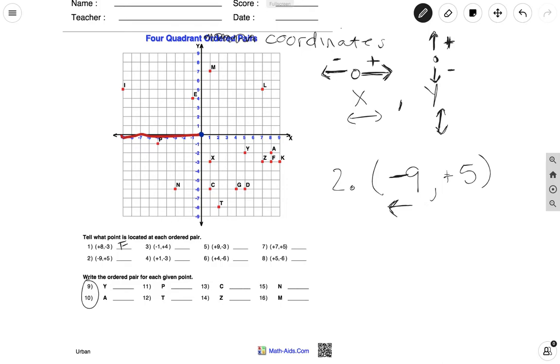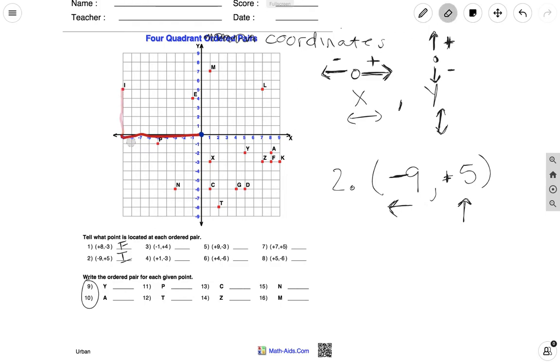So think positive numbers go up. So we are going to jump 5 spaces up from the 9. 1, 2, 3, 4, 5. And what letter did we just hit? We hit letter I. So my answer for number 2 is the letter I.